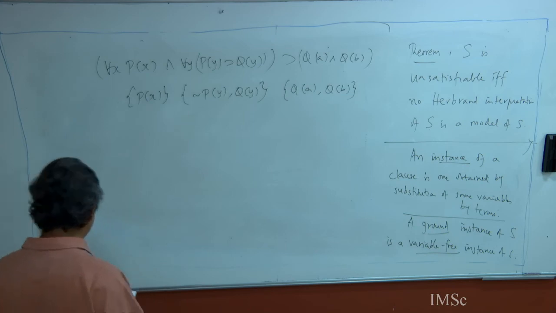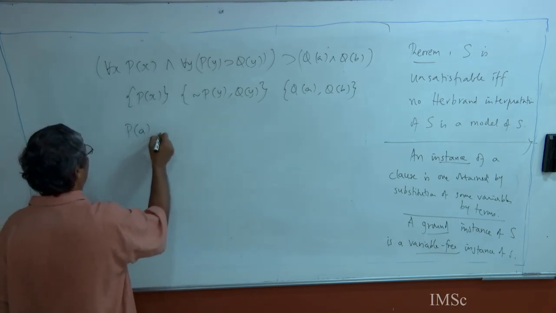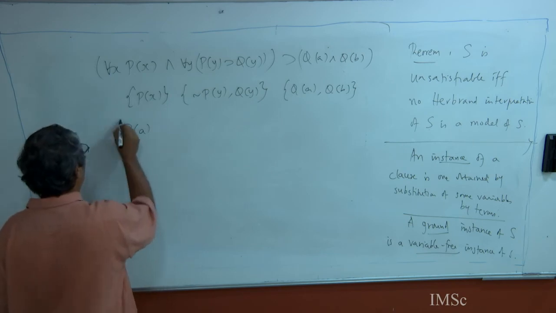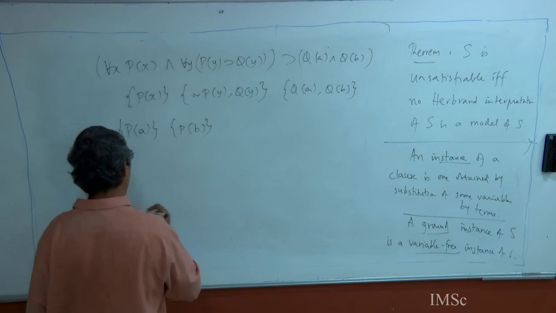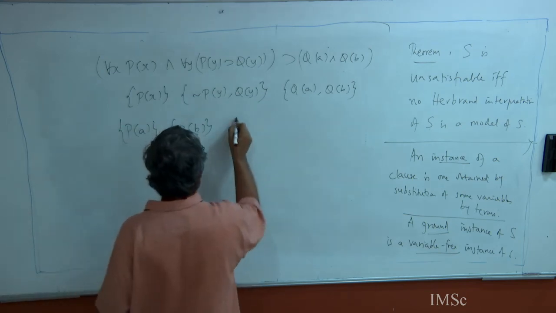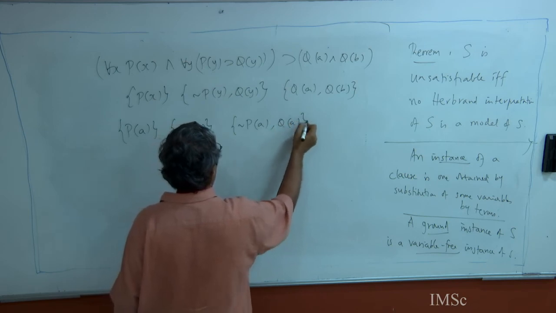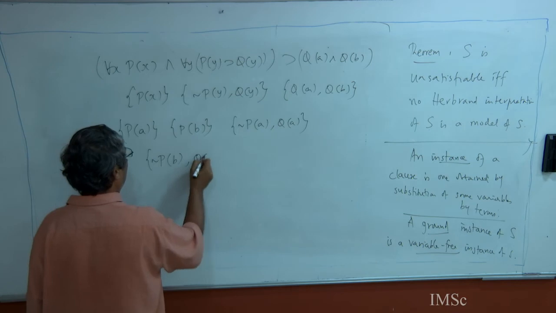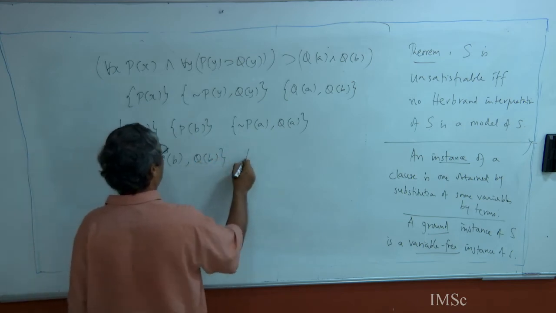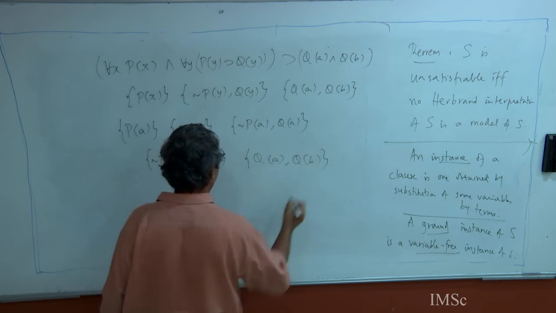And now you take the ground instances, you're going to get Pa, Pb, the two constant symbols you've got, and not Pa or Qa, not Pb or Qb.